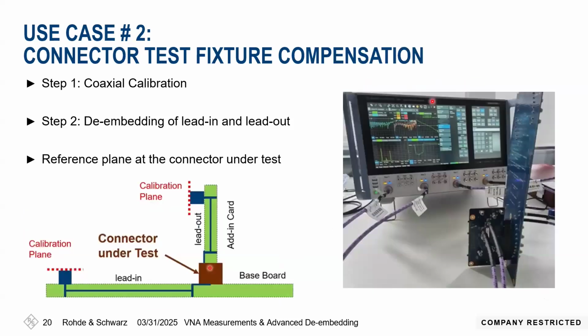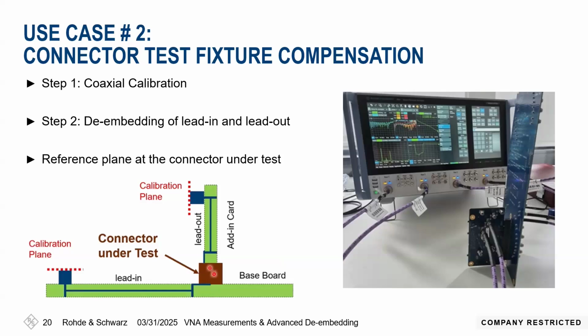Another use case could be that you need to measure the connector. For example, over here, it's a PCIe Gen 5, and we have a baseboard and the add-in card for the PCIe.